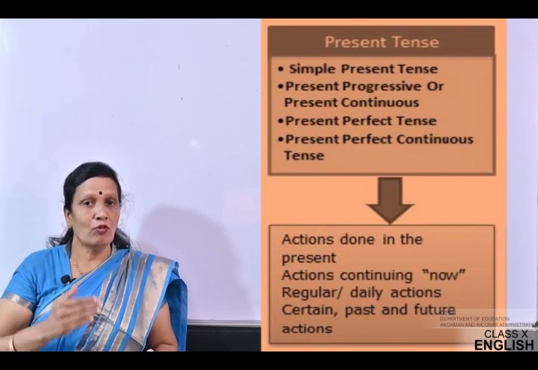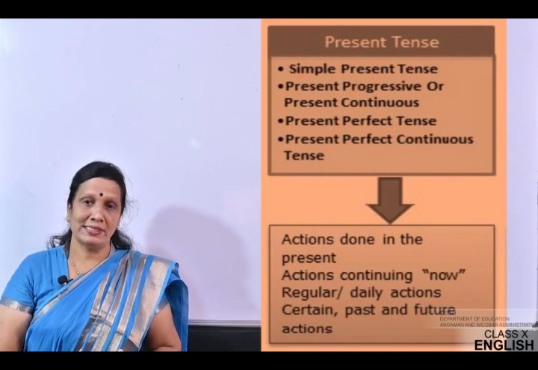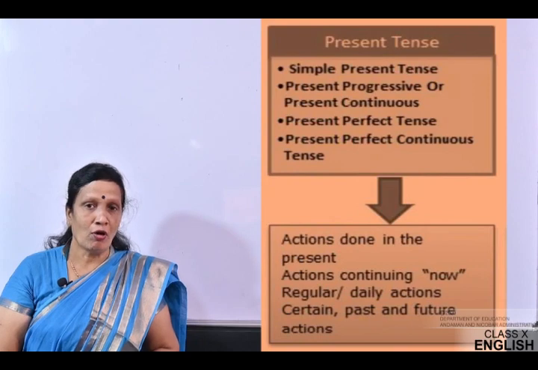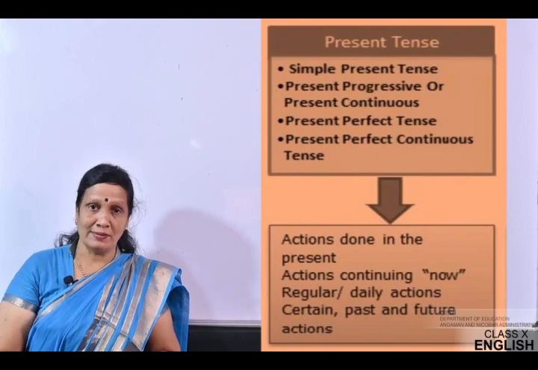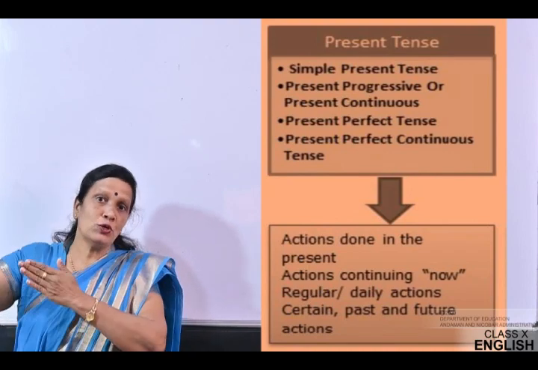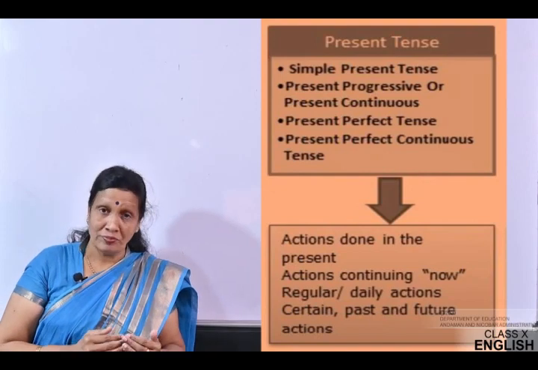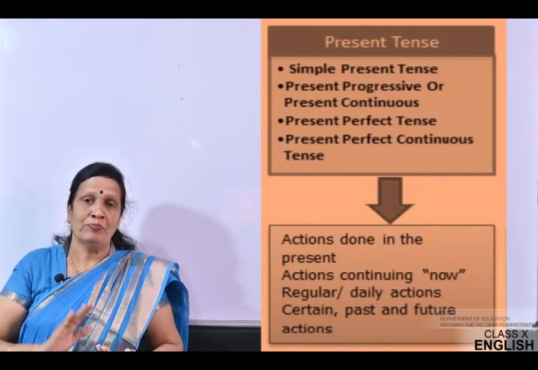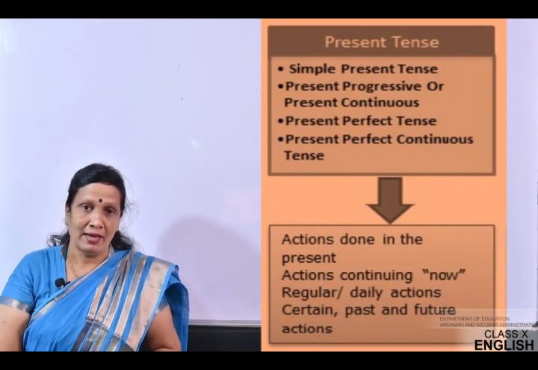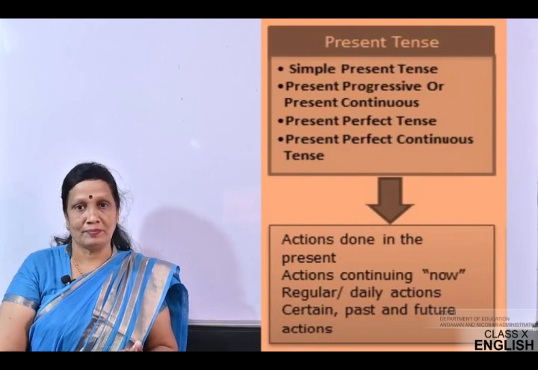It has got four different forms. The first one is simple present tense. Then present progressive or present continuous. Continuous means something which continues for some time. Continuous comes from the word continue. That means to go on, to continue. Then the present perfect tense and the present perfect continuous tense.